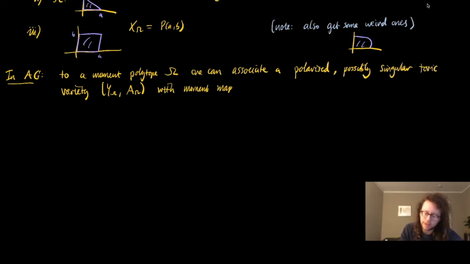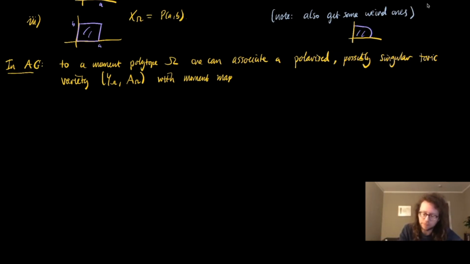So in particular, I can kind of put my symplectic goggles back on and view this polarization, view this ample divisor, as giving me a symplectic structure with some moment map from Y_omega to R^n. And what does this map look like? Let me just draw you the fibers, and again, I'll just do it in 2D for convenience.